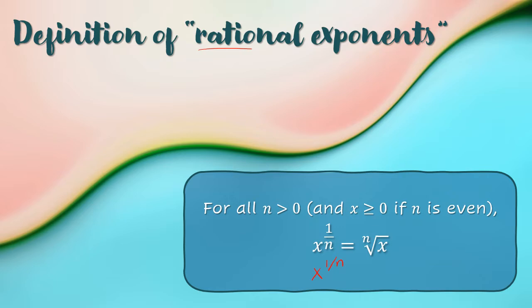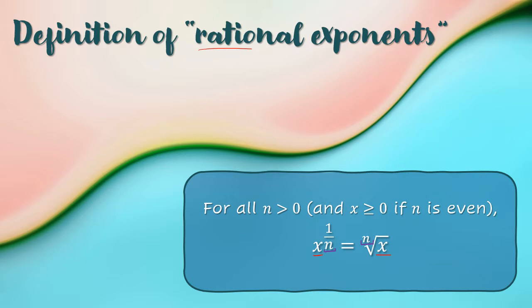Then the equivalent radical form of this expression is the nth root of x. So notice our base becomes our radicand, that value underneath the radical sign. The denominator of the exponent becomes the index on our radical, or the index on our root.